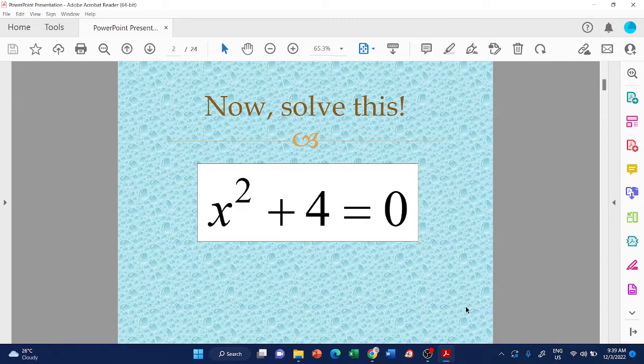Okay, now let's try with these equations. Check with your calculator. What is the solution?